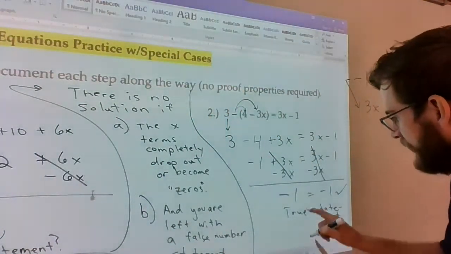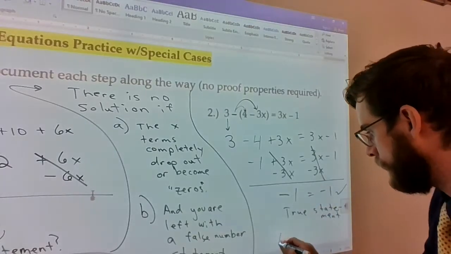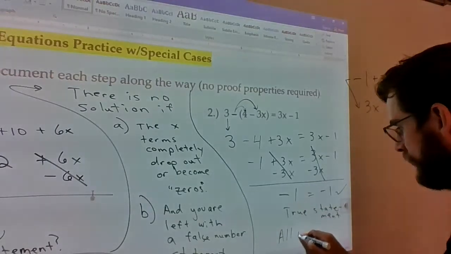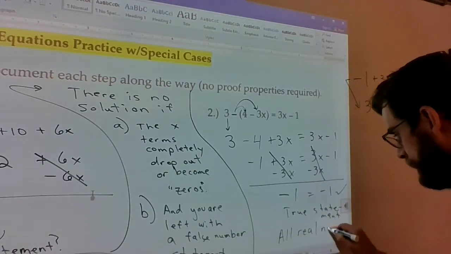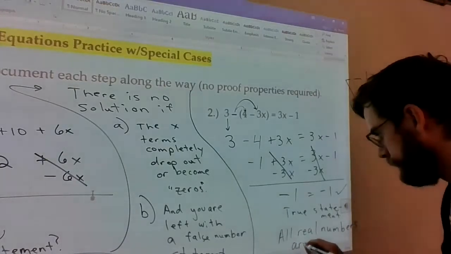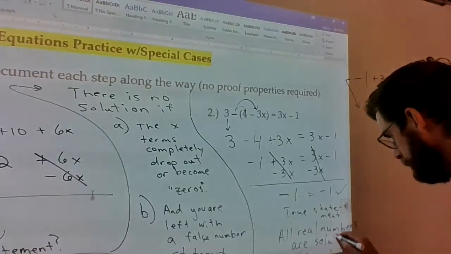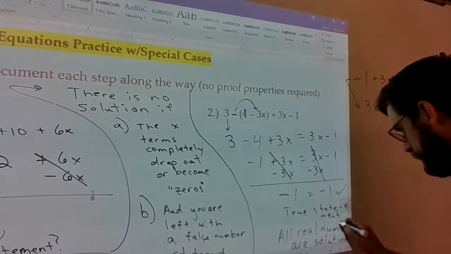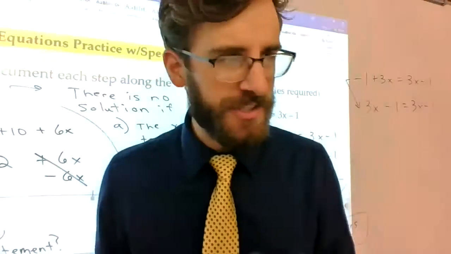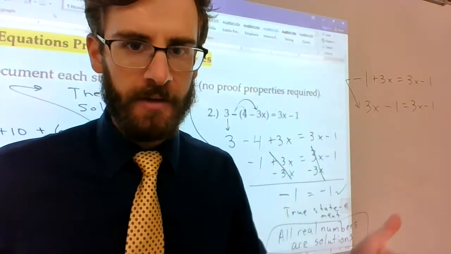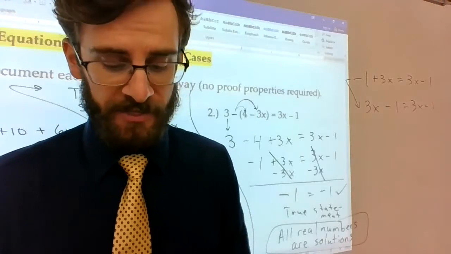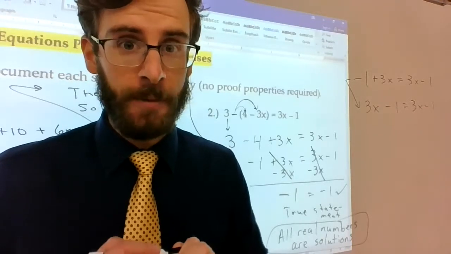So how we write that, and it's interesting, what we say is that if the variables drop out and it yields a true statement, all real numbers are solutions. And the reason why I say real numbers is because there are some things that you'd see later on in math, particularly math 2 or math 3, for sure pre-calculus if you get that far, is imaginary numbers exist.